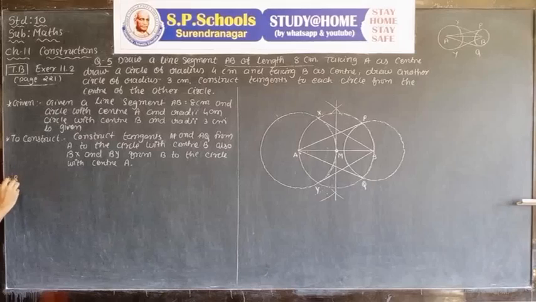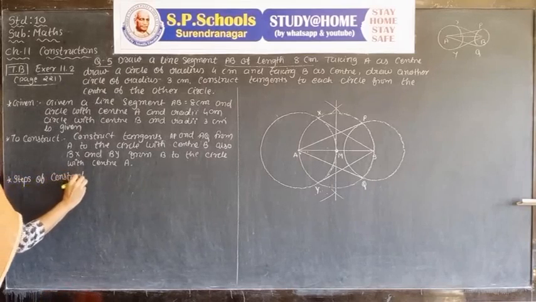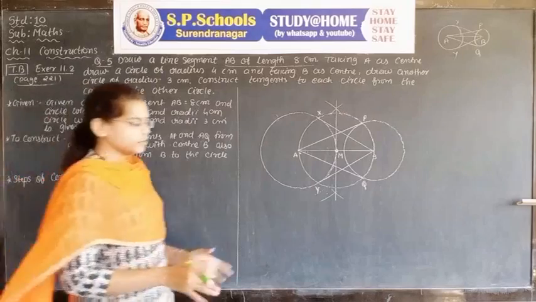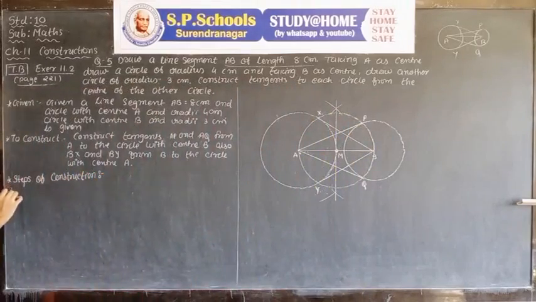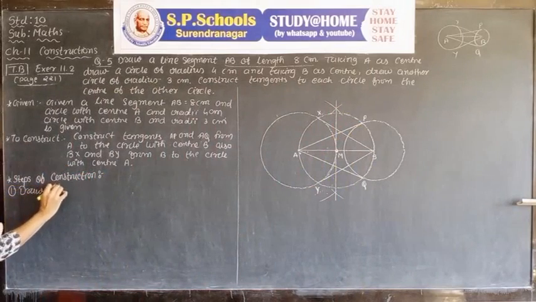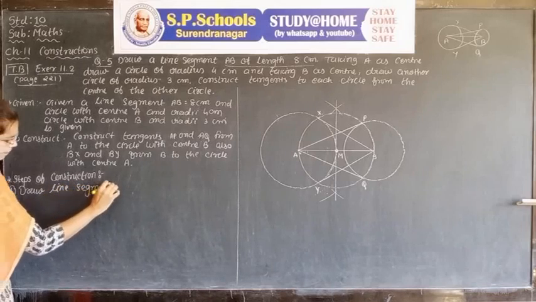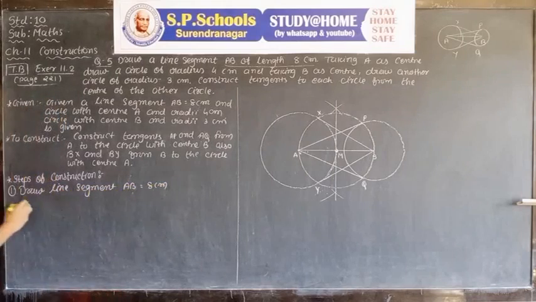Now the steps of construction. First of all, we have to draw one line segment AB equal to 8 centimeters.